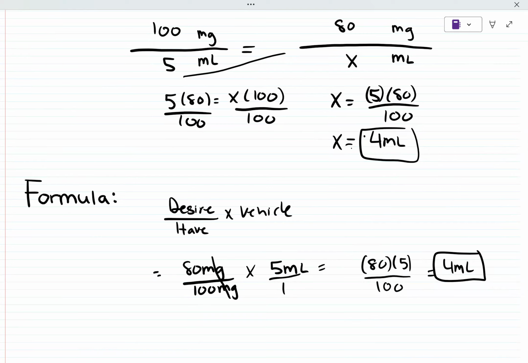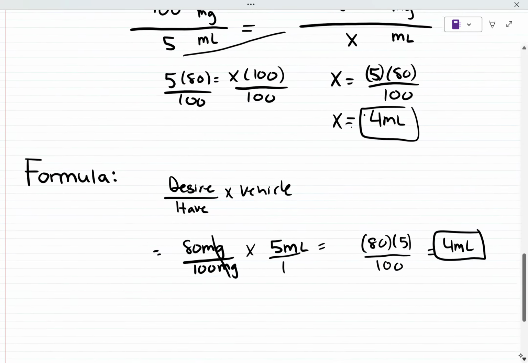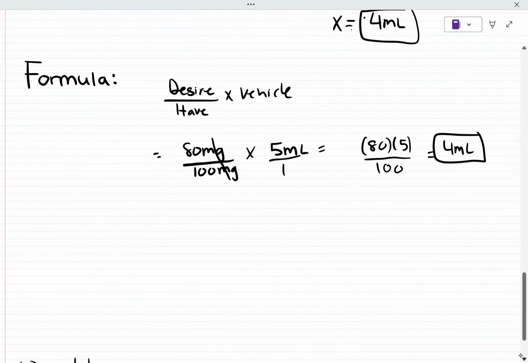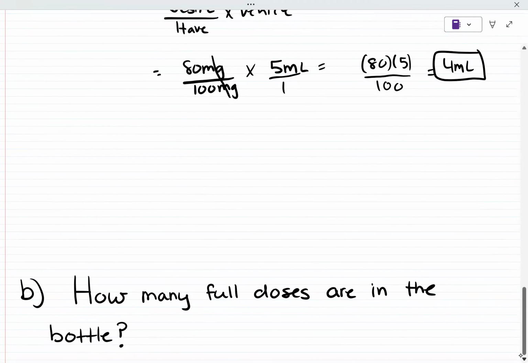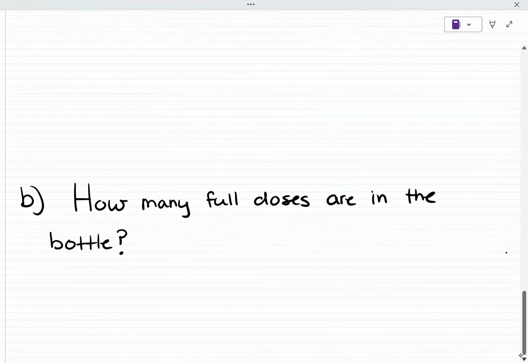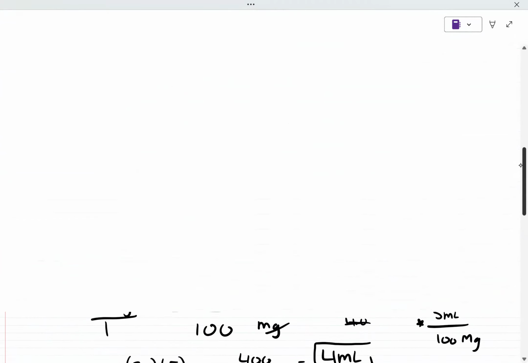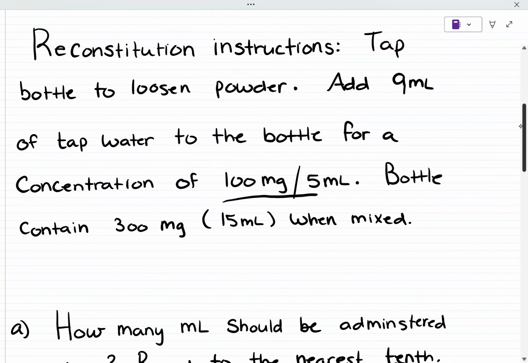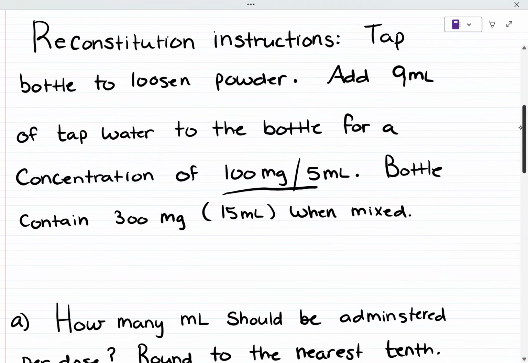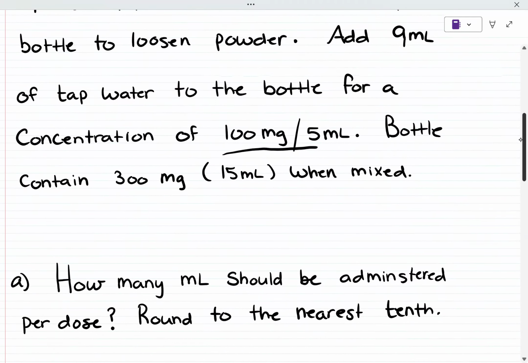Okay, now let's do part B. Part B says, how many full doses are in the bottle? If you recall, the bottle contained 300 milligrams, or 15 milliliters when mixed.